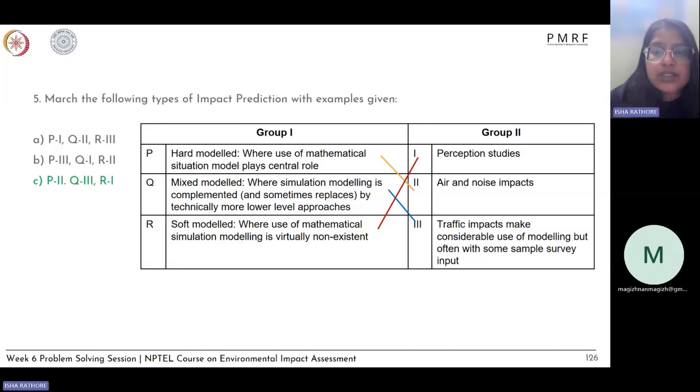Mixed models, where simulation modeling is complemented and sometimes replaced by technically lower level approaches, is used for traffic impacts, which make considerable use of modeling, but often with some sample survey input. So Q matches with 3. Then soft model, where use of mathematical simulation modeling is virtually non-existent, matches with 1, that is perception studies. So the correct answer is C, that is P matches with 2, Q matches with 3, and R matches with 1. Moving on to the next question.